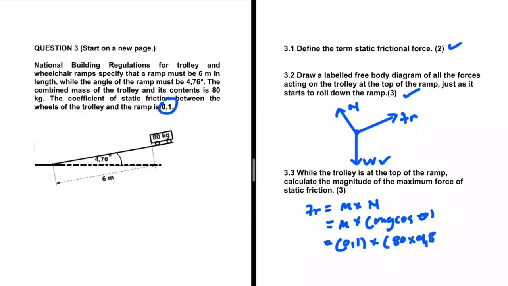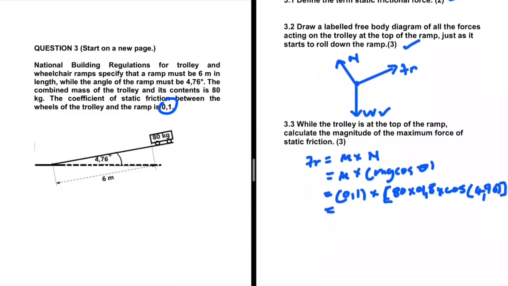Gravitational acceleration 9.8 multiplied by cos of 4.76 degrees. Now it's just a matter of putting that in your calculator and you should get 78.13 newtons.